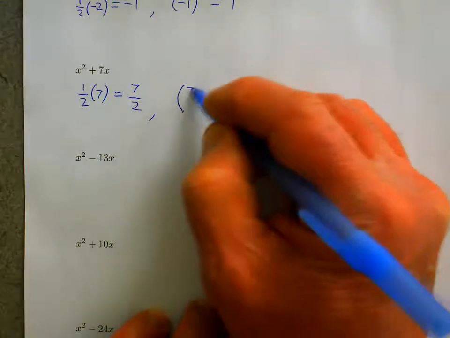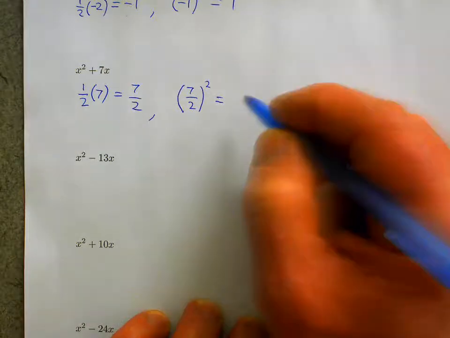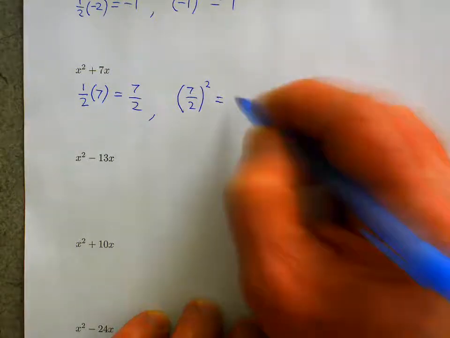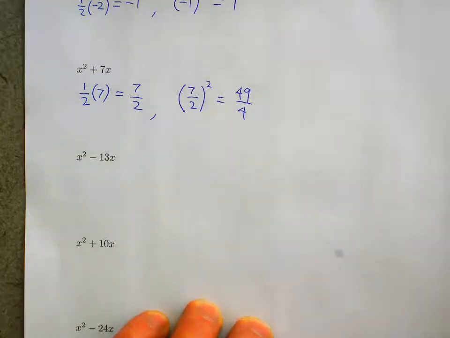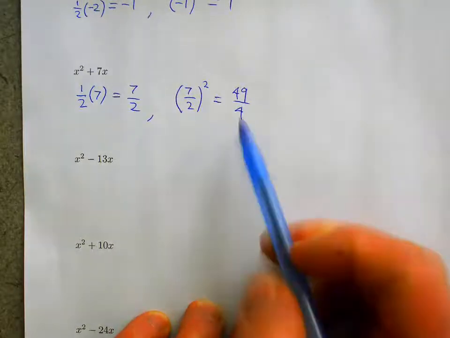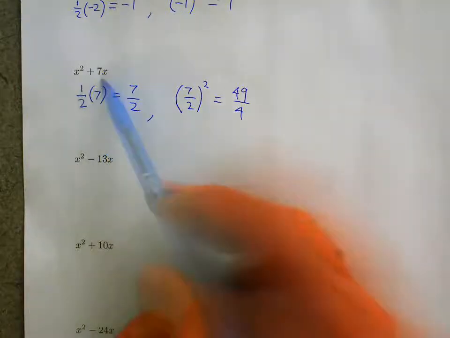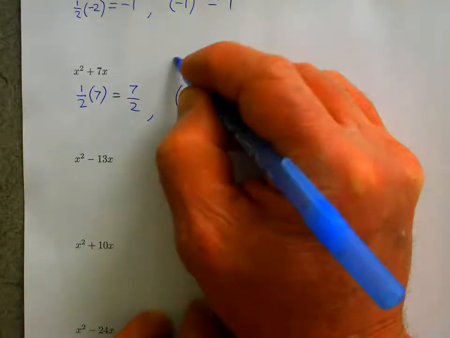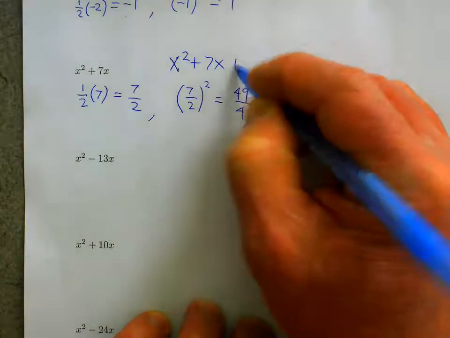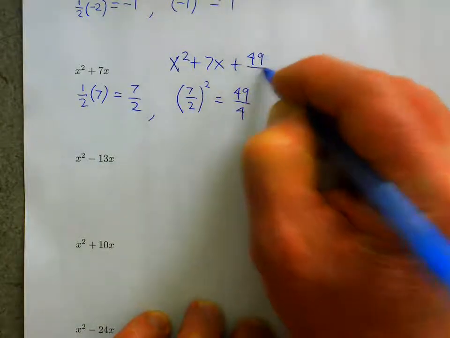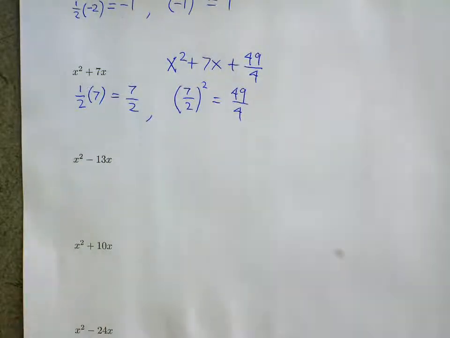When we square 7/2, that means 7/2 times 7/2, which is 49/4. So 49/4 is the number that we add to x squared plus 7x. So x squared plus 7x plus 49/4 is a perfect square trinomial.